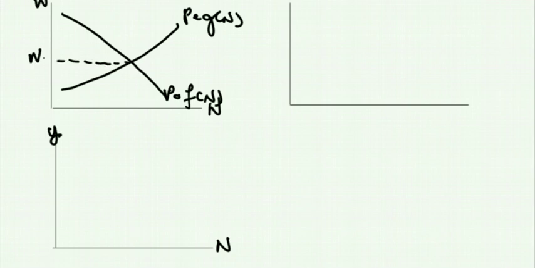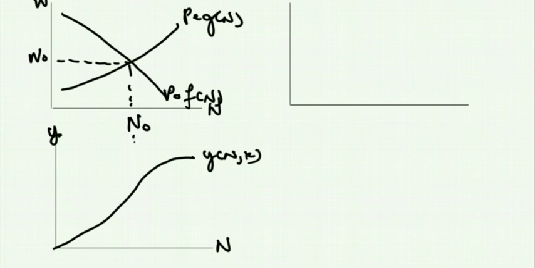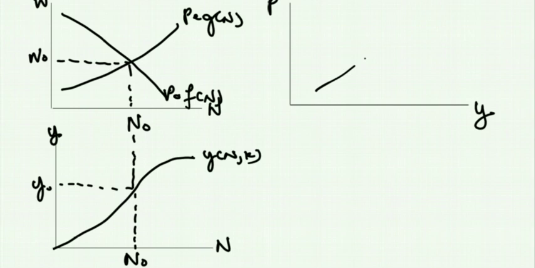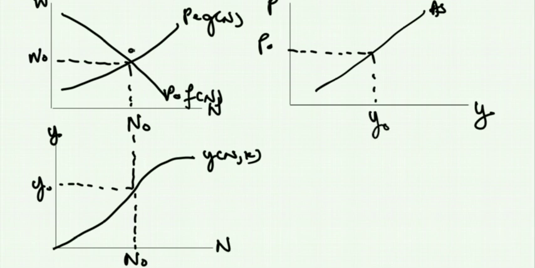So nominal wage is here, employment is here, production function is here, with N0, output is here. So what about aggregate supply? Aggregate supply, current actual price is P0, output Y0. A prime, A double prime. Okay, that's the initial situation.